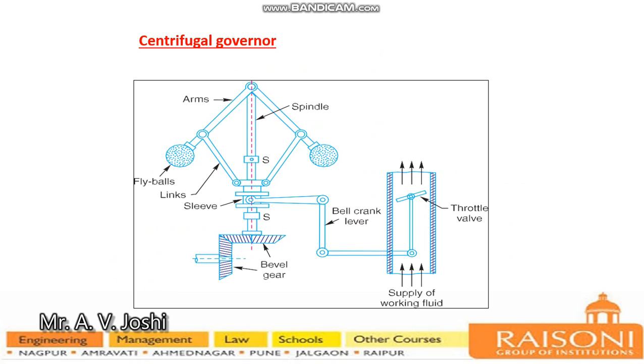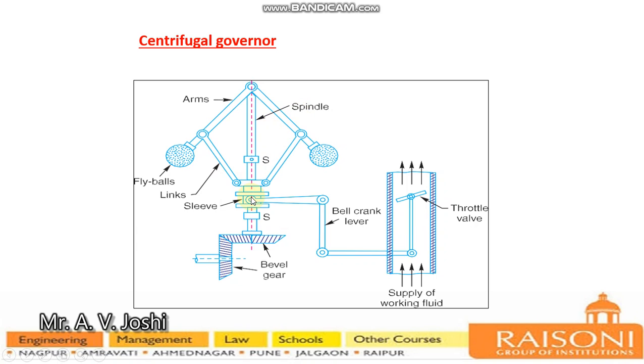One of the important points is a bevel gear, from which the engine speed is forwarded to the governor. This is a bevel gear arrangement used for power transmission, for speed transfer. Above that bevel gear assembly, there is a sleeve attached on the spindle of the governor.